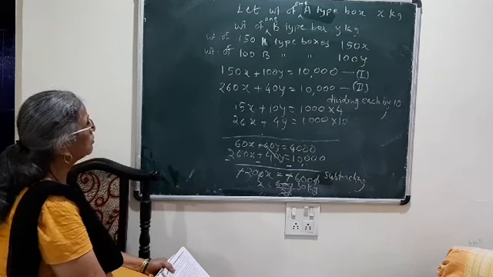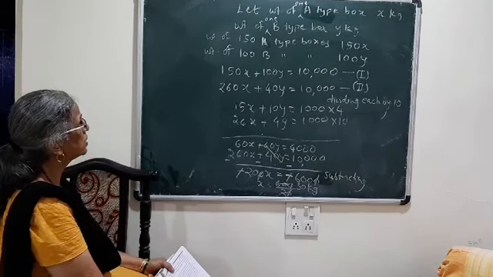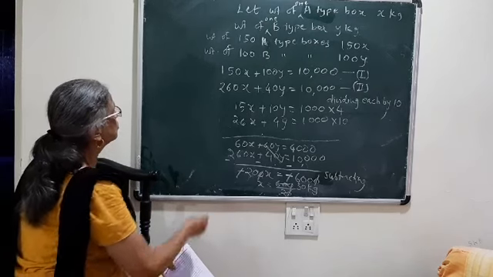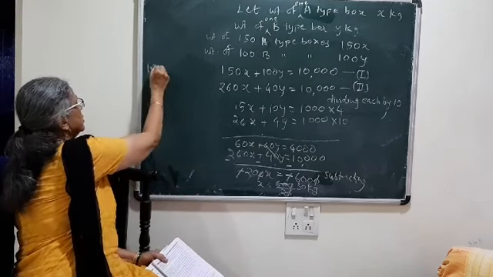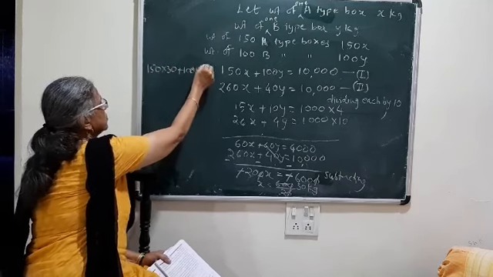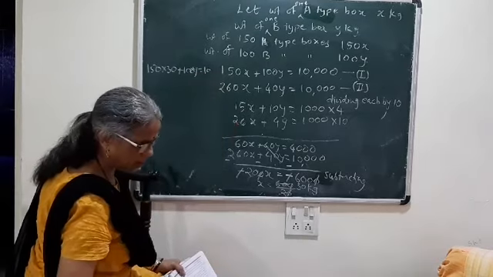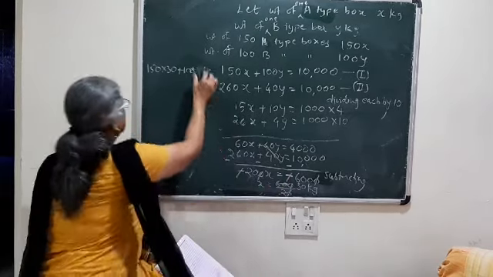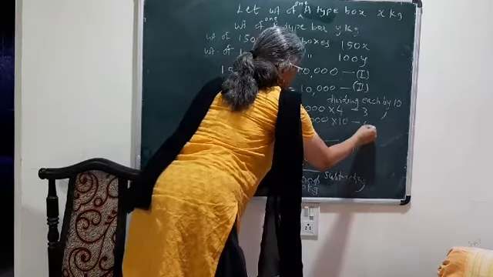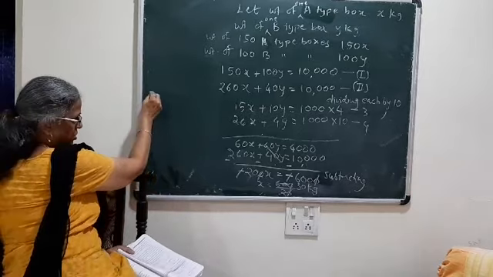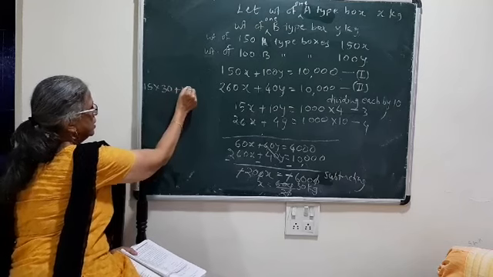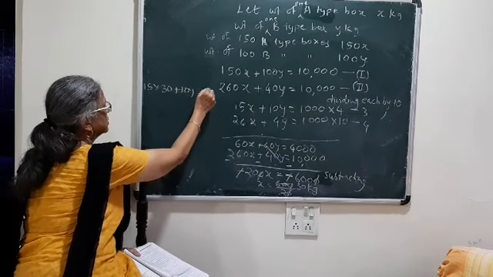But now I will find out weight of one B type box by substituting anywhere the value of x equal to 30. I will put that in 15x, that equation I will put, which we will call as a third and fourth equation. So in third I will put the value. So 15 into 30 plus 10y is equal to 1000.